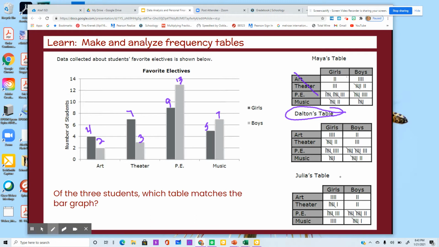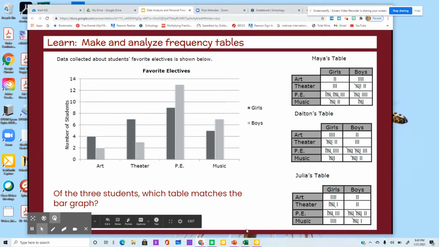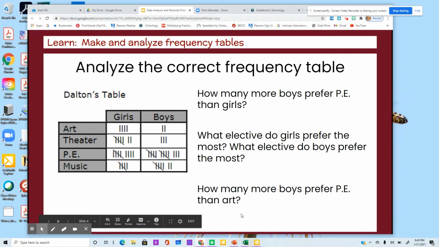You could always write the numbers out for each on the tally charts to make it easier to see if that would help you. Looking at our next graph, we're analyzing the correct frequency table. So Dalton, if we just look at his frequency table, says how many more boys prefer PE than girls.